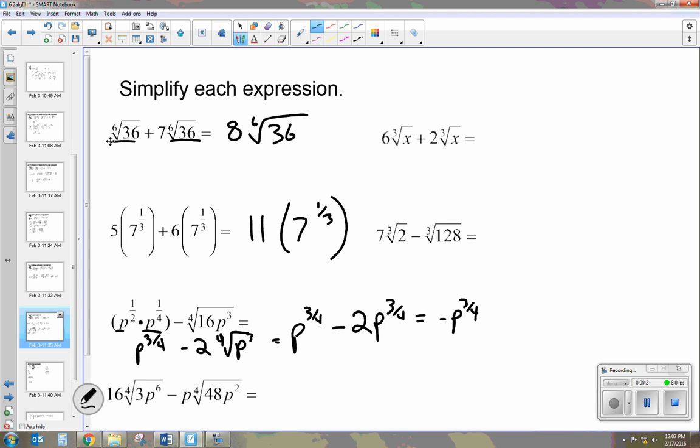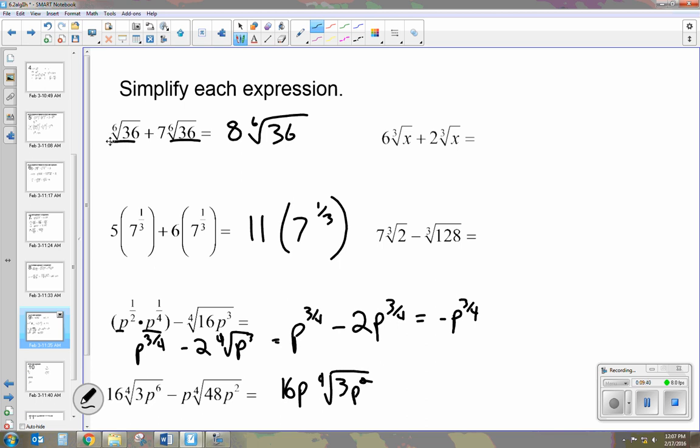In this bottom problem, we're simply going to simplify both terms. So we can pull out a p from the first one, so we're left with 16p times the fourth root of 3p squared.